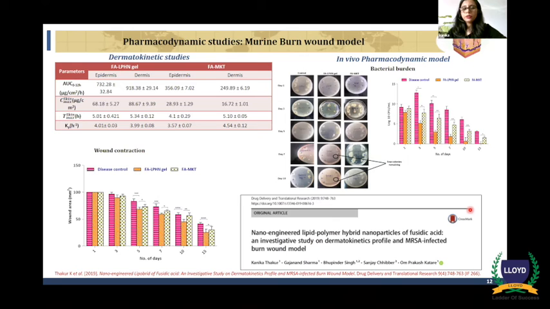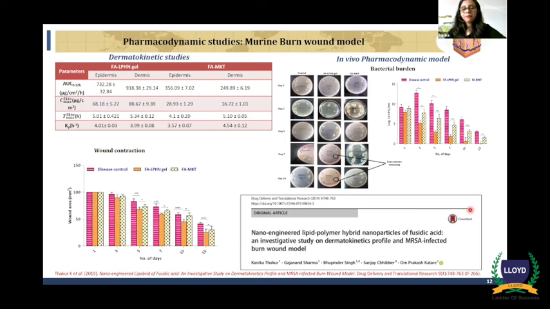And then coming over to the pharmacodynamic model, which was performed. So this is a murine burn wound infection model in which you have mice and you inflict an injury upon the mice. There are a number of different protocols by which you can do this. It can be done with hot water or with a hot rod. And then the second most important aspect in this case was not only the injury, but also the associated infection which occurs after the injury.